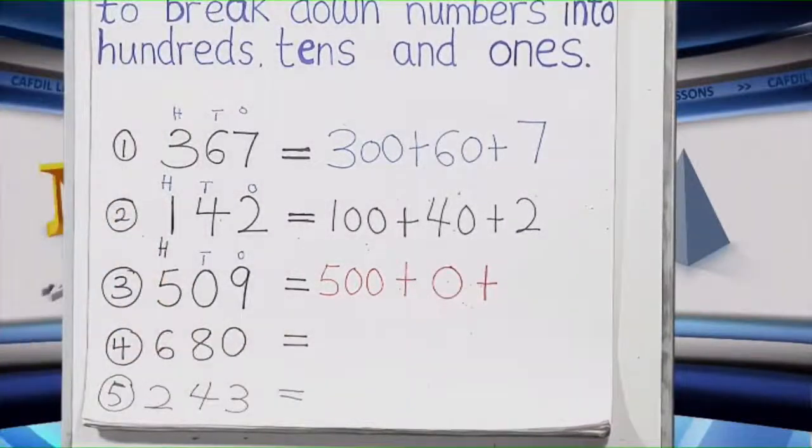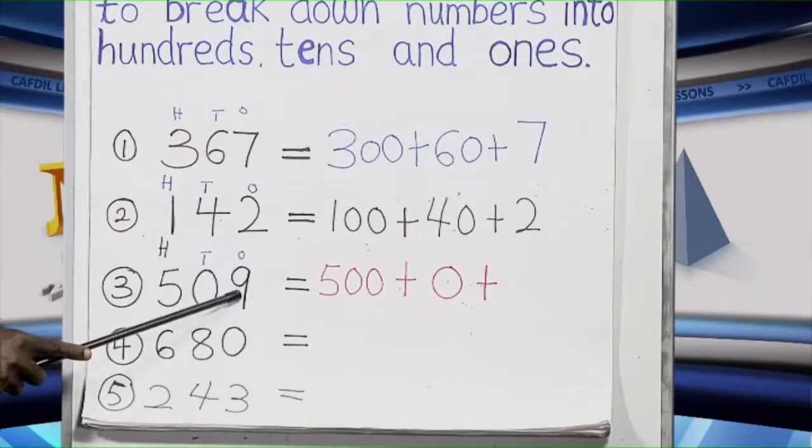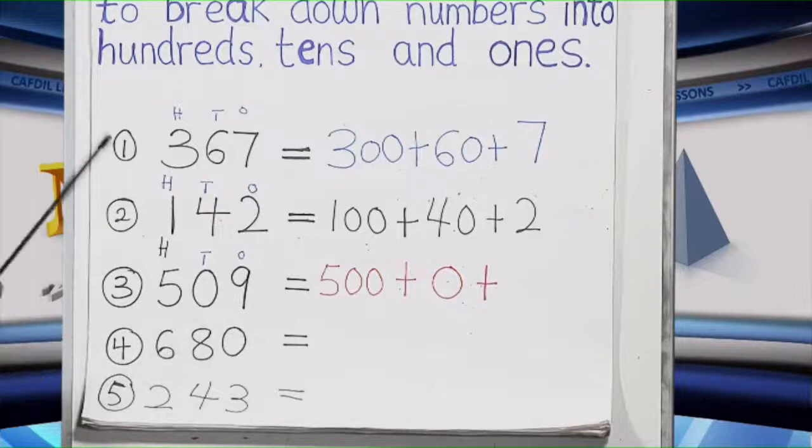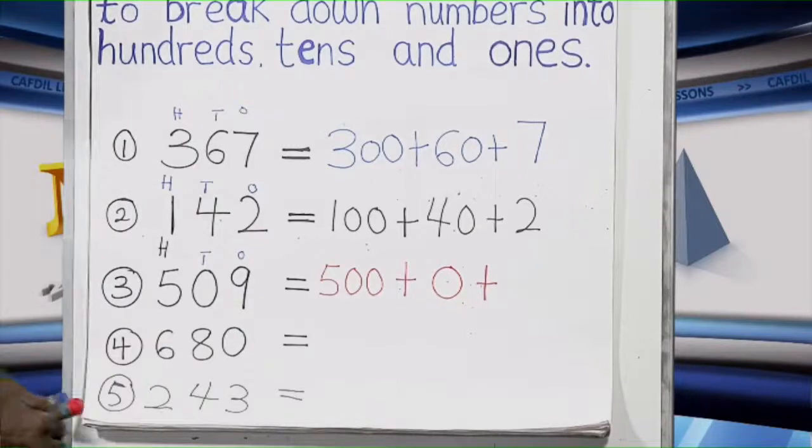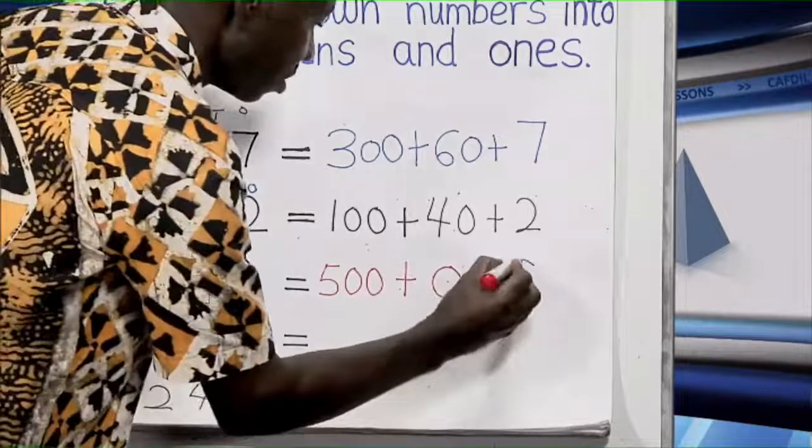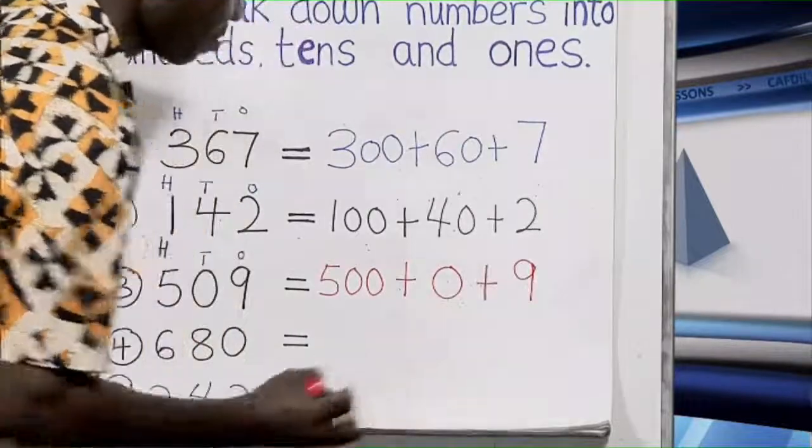Plus, for the ones column, we have 9. And each bead is 1. So since we have 9 of the beads, we have 9 over there. So we can write 9.